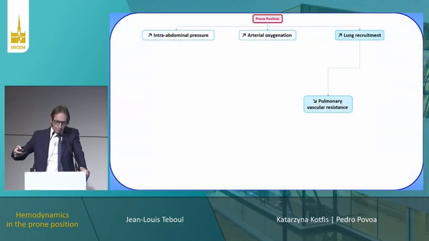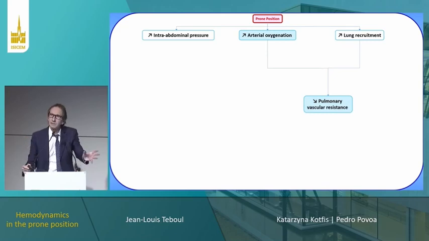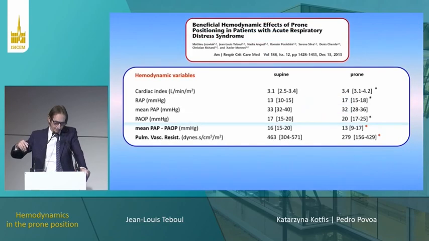So lung recruitment is supposed to decrease pulmonary vascular resistance. And this is associated with a decrease in PVR due to the improvement of PaO2 by the decrease in hypoxic vasoconstriction. So you have two effects resulting in a beneficial effect on pulmonary vascular resistance.